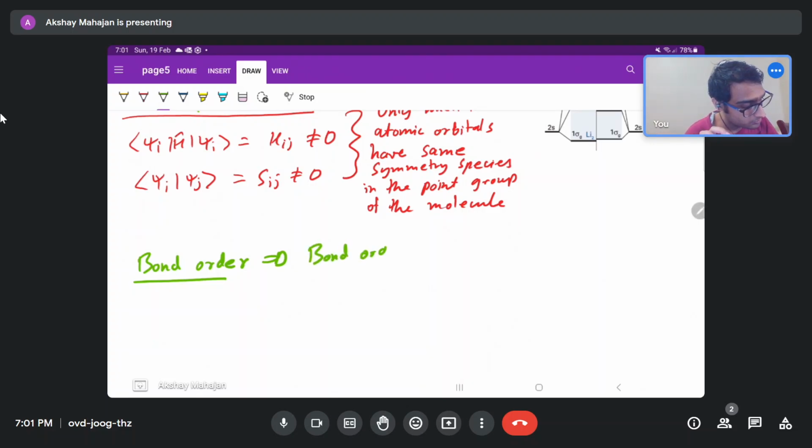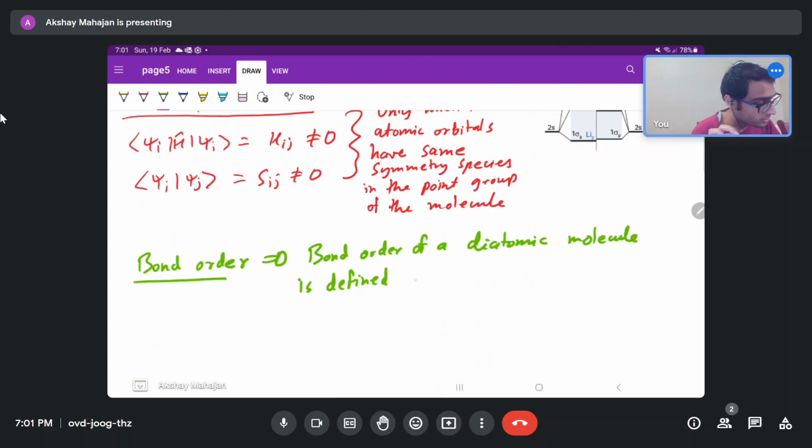Bond order of a diatomic molecule is defined as half the difference.